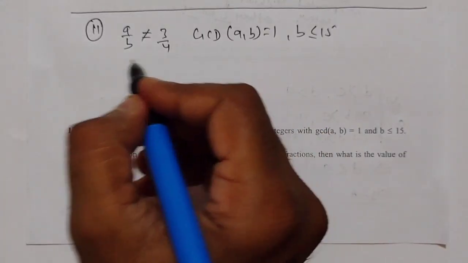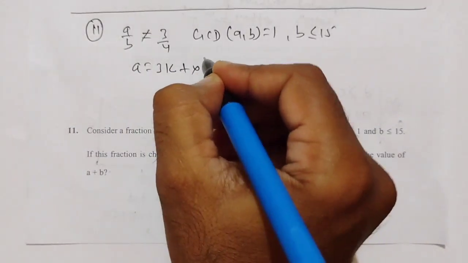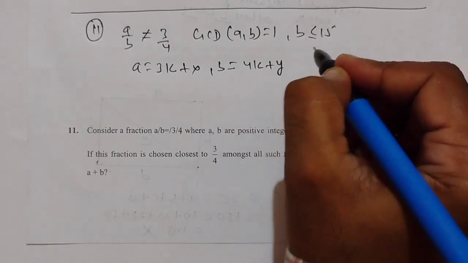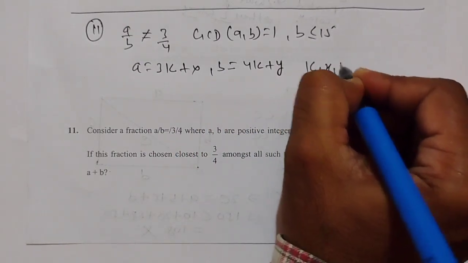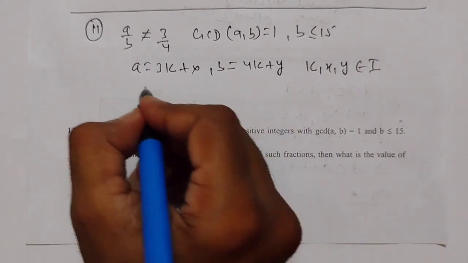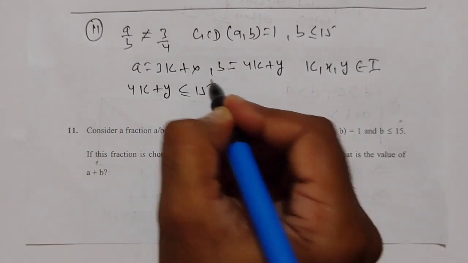If we consider a is equal to 3k plus x and b is equal to 4k plus y, then k, x and y all belong to integers, and also 4k plus y is less than or equal to 15.